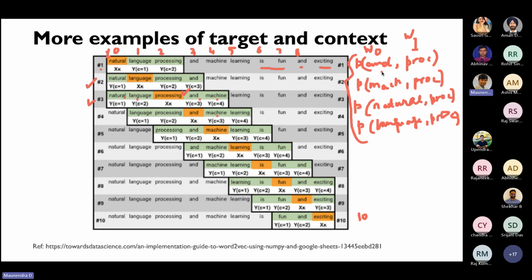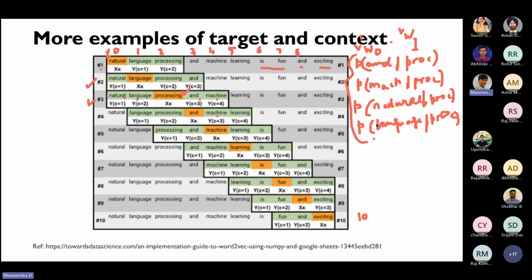To understand the value of the probability of a word given processing, we take the vector v prime for that word and the vector v for processing from these two matrices, and take a dot product of them. That gives us some score. It's not a probability, because it's just a dot product.